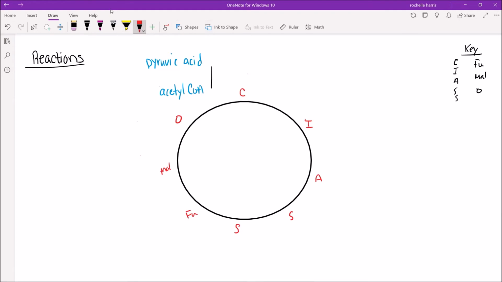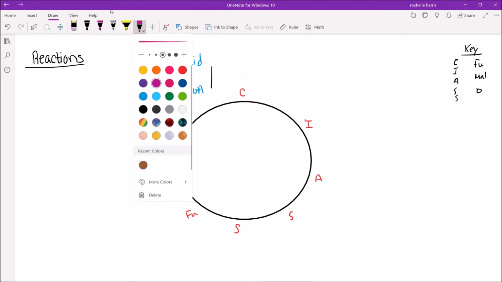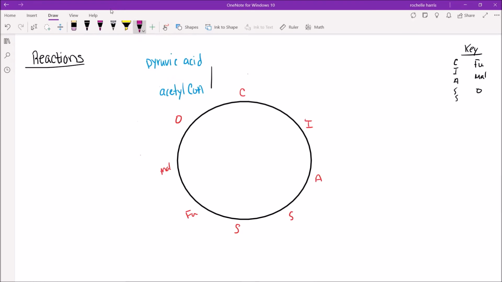Now we are going to get into the reactions. Beginning, we have our enzyme that interacts with pyruvic acid. We have our electron carrier, NAD+. Coming out of this reaction, we have NADH, our electron carrier.